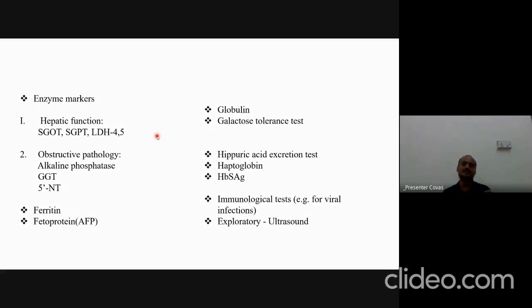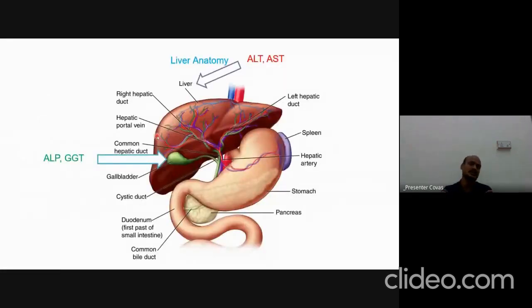In some cases you have to go for ultrasound. This one is not a biochemical test, but if you have some obstruction in the biliary duct, you can go for ultrasound and detect whether there are some stones or calculi in the bile duct.